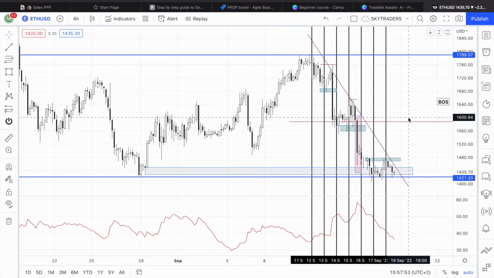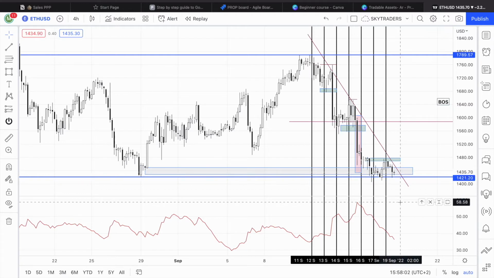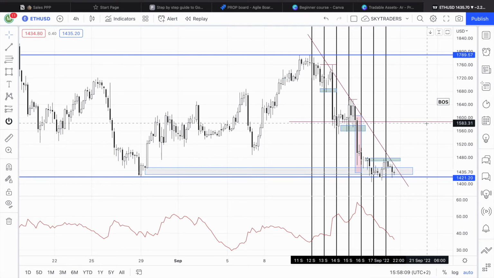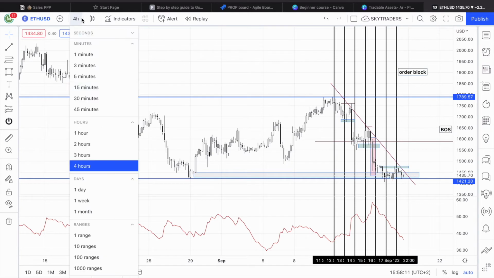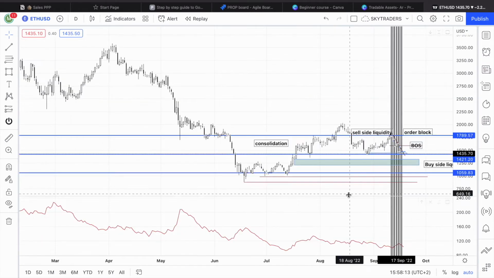So this is going to be our next target. On the other hand, if we see a high pressure sell candle breaking this market structure, we can expect to reach out to the next liquidity pool area, which we had at this price level, right, on the daily time frame.